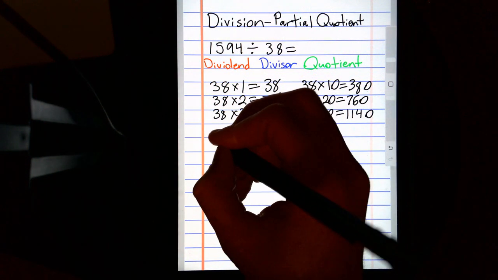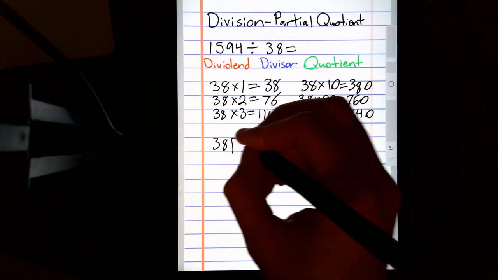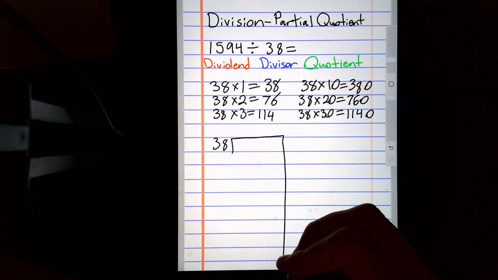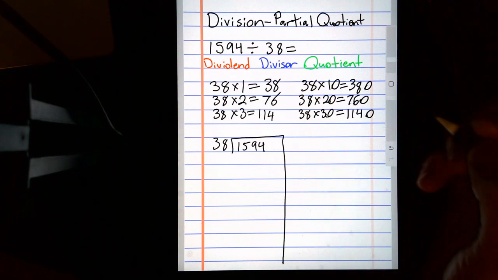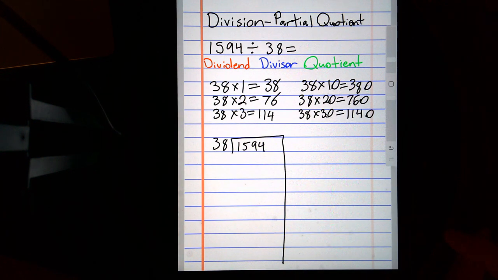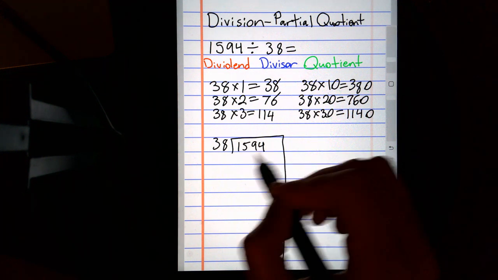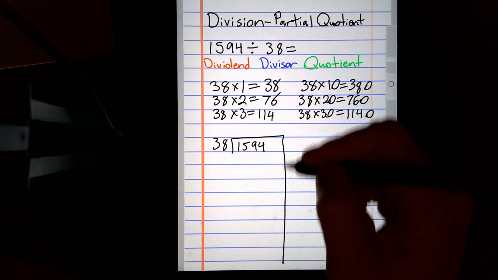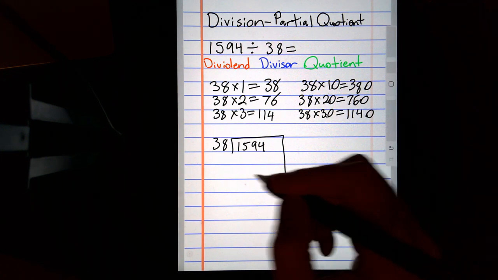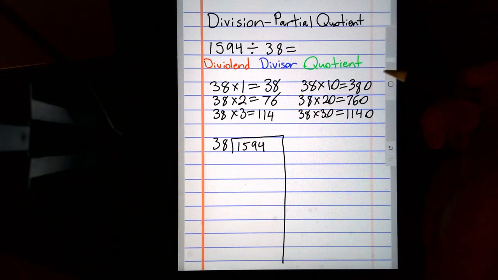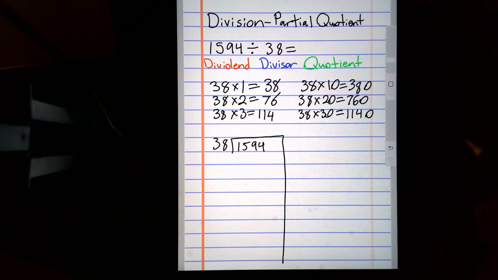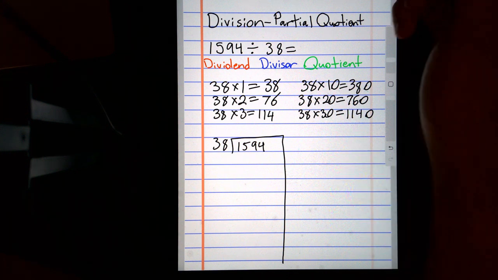So, again, we're going to set up our problem. It looks just like long division, but we have some things set up to fit in later on. Again, with the partial quotient method, we will be subtracting down just like with the area model method, so be prepared for that.